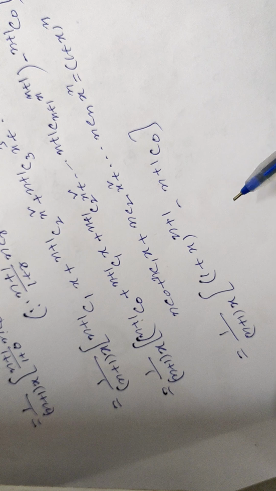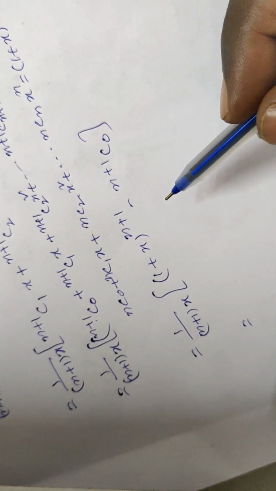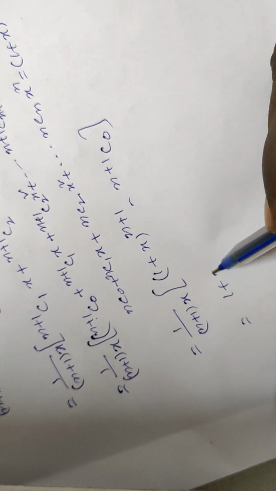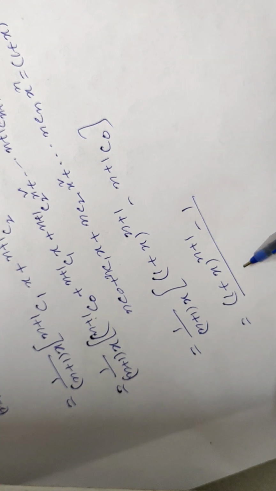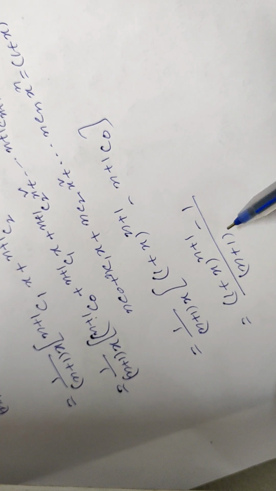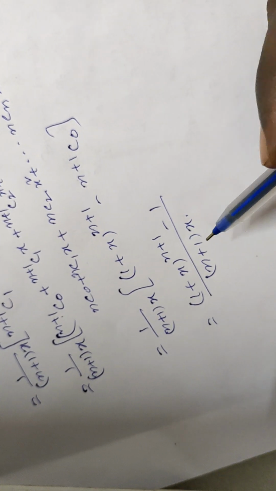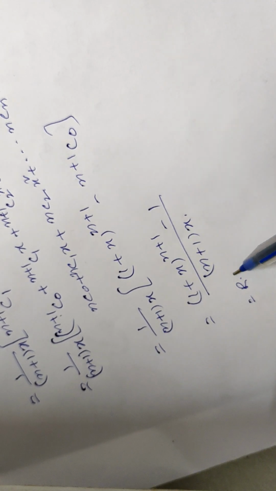The value of n plus 1 C0 is 1, that is (1 plus x) whole power n plus 1 minus 1 whole by n plus 1 into x, which is RHS.